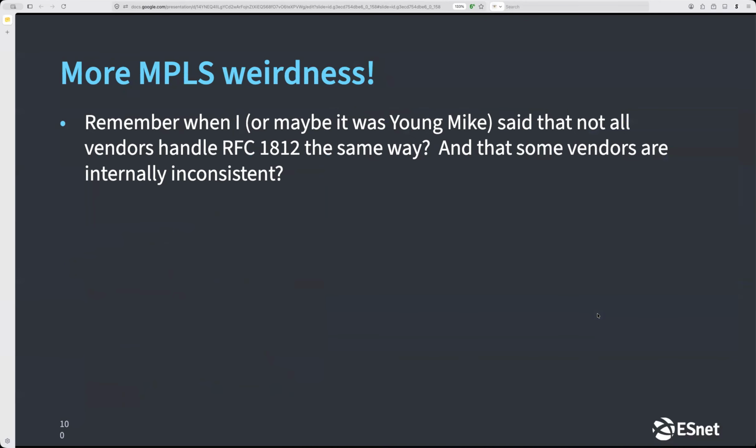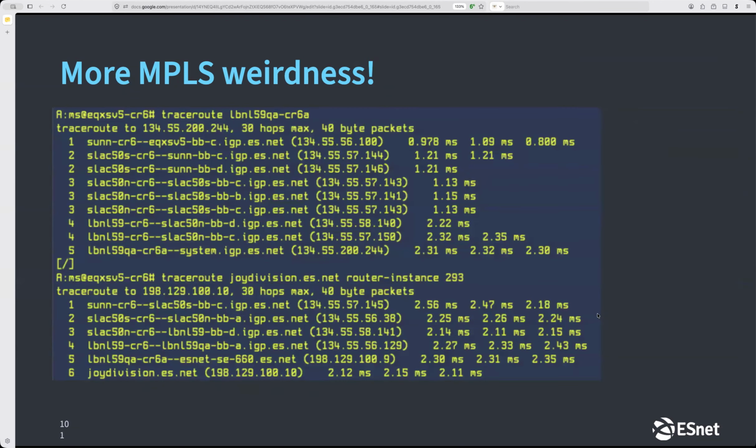All right, remember I said how RFC 1812, not all vendors handle it the same way. Okay, so I'm going to show you some traceroutes. This is a traceroute from a Nokia router to another Nokia router using its loopback. This traceroute is being routed using the IGP hop by hop. It's not using MPLS. And you can see what it's doing.